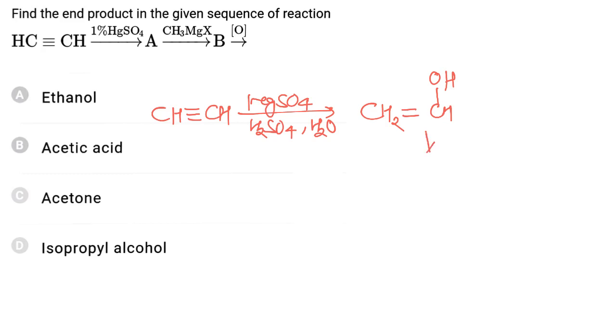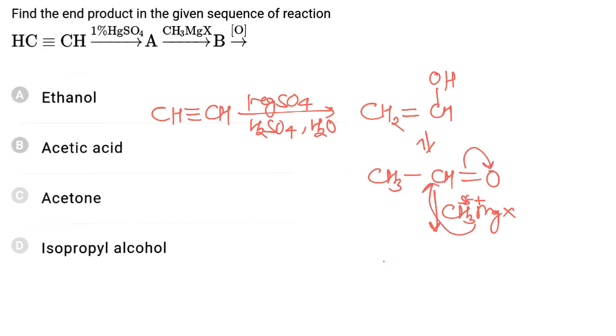Now this enol will tautomerize to give acetaldehyde. Now this acetaldehyde molecule is treated with a Grignard reagent. So now the Grignard reagent will act as a nucleophile and attack the carbon, so it will be converted to a secondary alcohol.